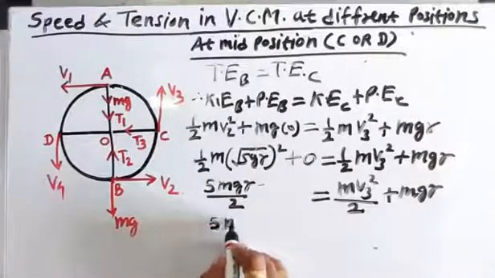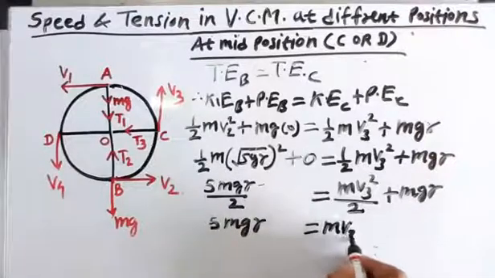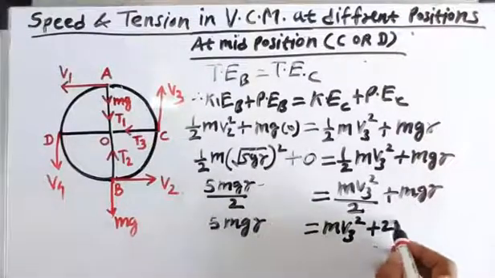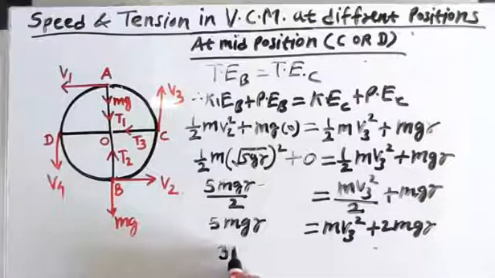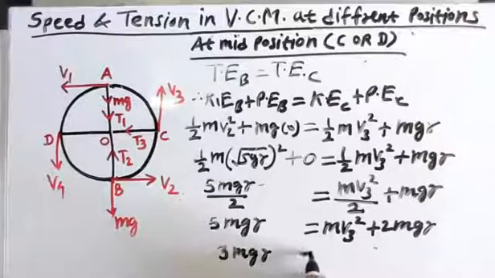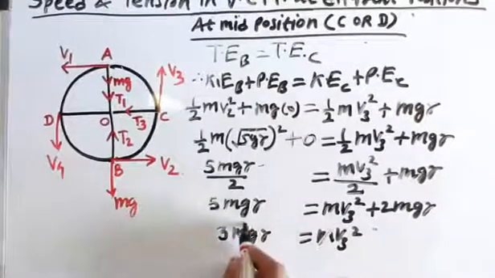Now multiplying both sides of this equation by 2, we get 5 mgr is equal to m v3 square plus 2 mgr. We shift this 2 mgr to this side. So here we get 3 mgr is equal to m v3 square. This m will get cancelled with this m.